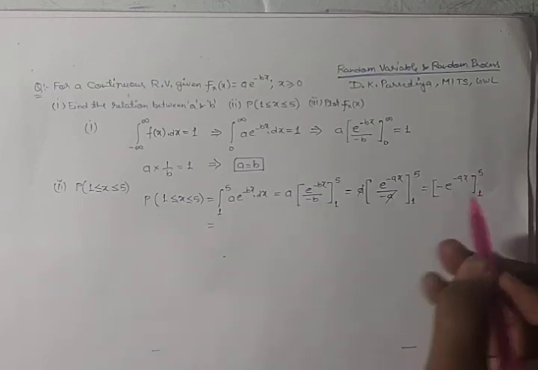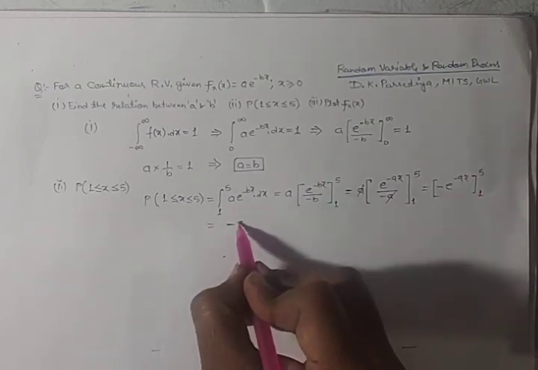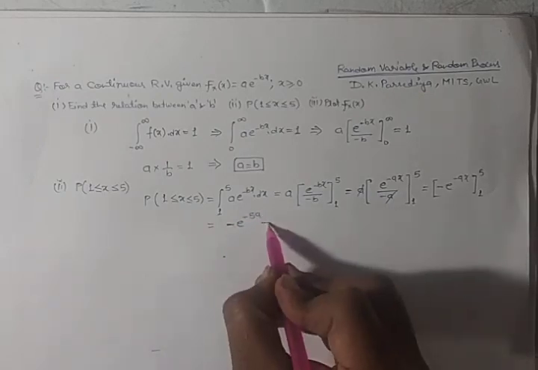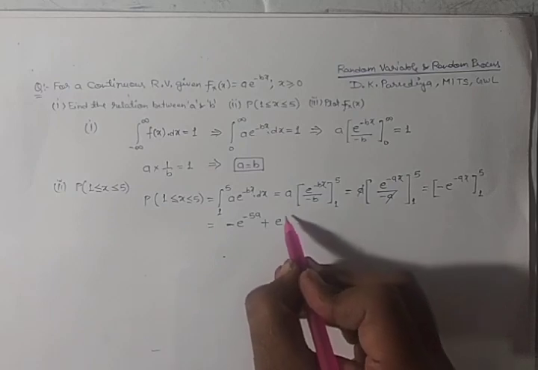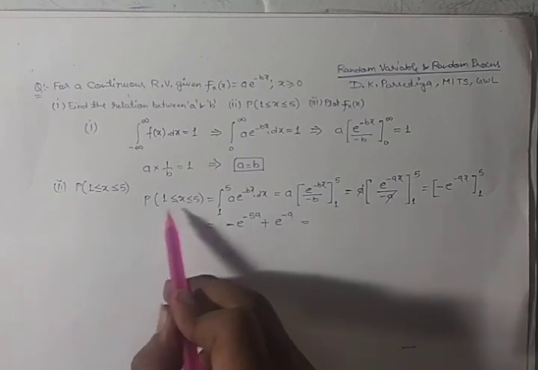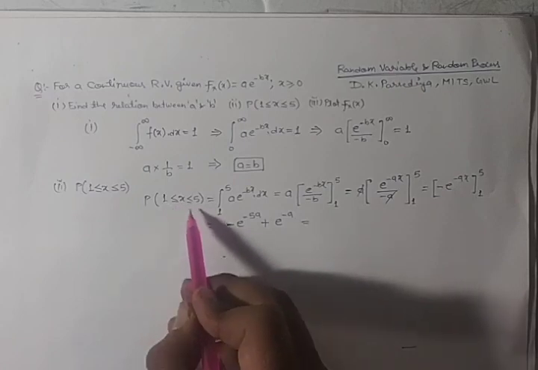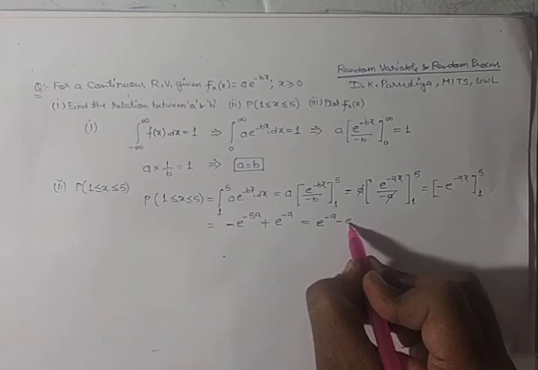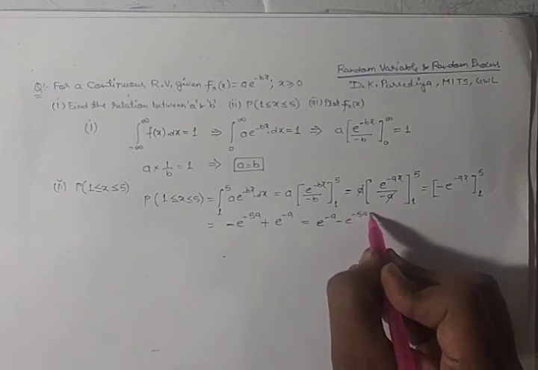When we substitute the upper limit, we get minus e to the power minus 5a, and minus minus plus, lower limit will be e to the power minus a. So the probability that the random variable lies between 1 and 5 will be e to the power minus a minus e to the power minus 5a.